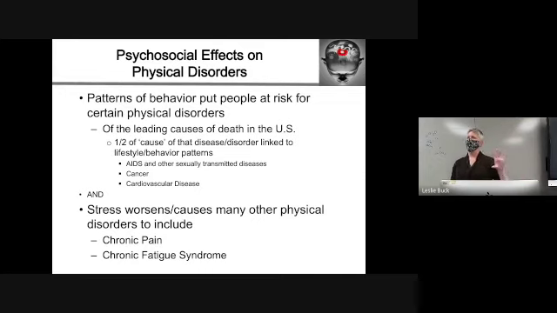Stress seems to play a major role in disorders associated with chronic pain or chronic fatigue syndrome. These are conditions, particularly chronic fatigue syndrome, that are not yet well understood, but we think are related to an infection. Almost all cases of chronic fatigue syndrome, fibromyalgia, and other related conditions start out with an infection. In fact, COVID-19 could be a trigger for these types of conditions.